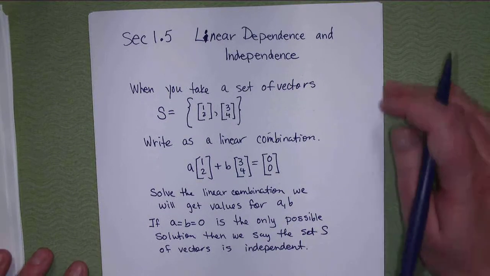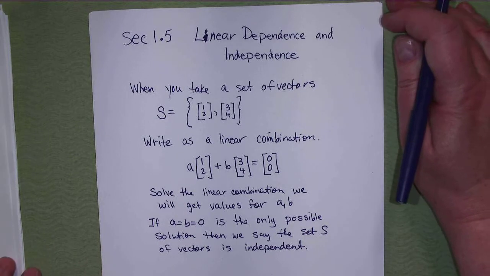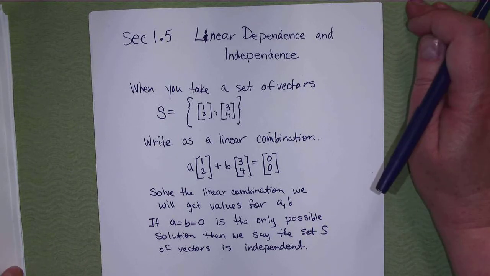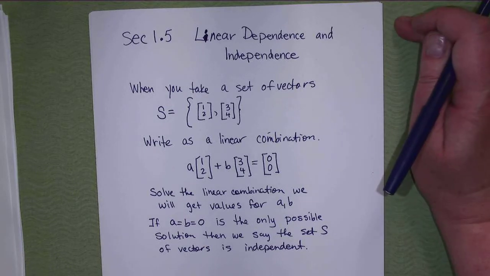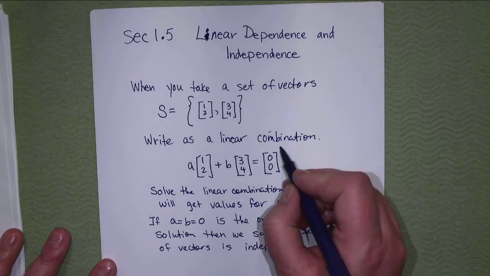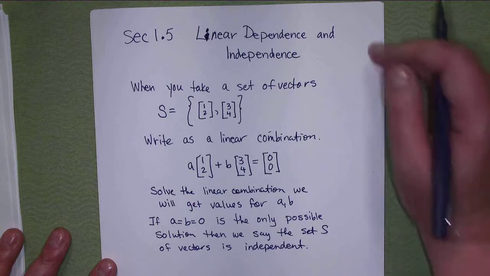Just if we have a linear combination equal to 0, this is the definition. So this is just part of the definition, that if you have a linear combination equal to the 0 vector.